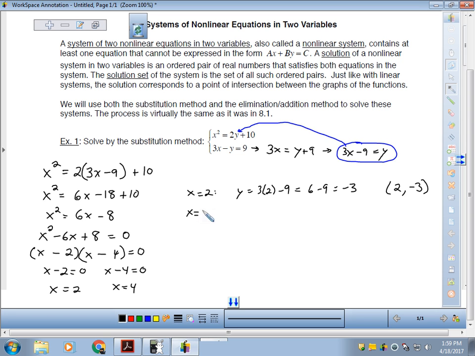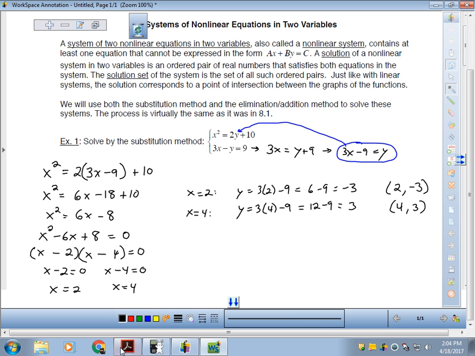When x is equal to 4, y equals 3 times 4 minus 9. 3 times 4 is 12, so we have 12 minus 9, which is 3. So we get 4 comma 3. These are two potential solutions.